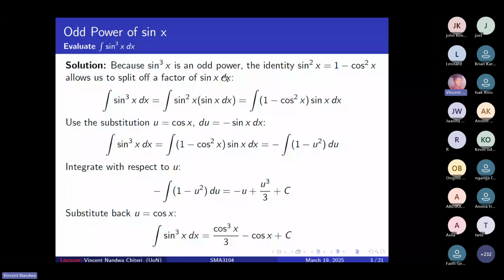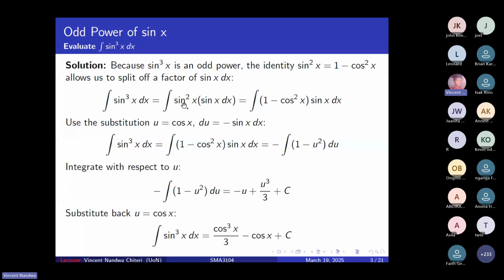So you split this power 3 in terms of a product of two sine functions. Split sine power 3 as sine squared and another sine function. You see sine squared times sine will still give you sine power 3.